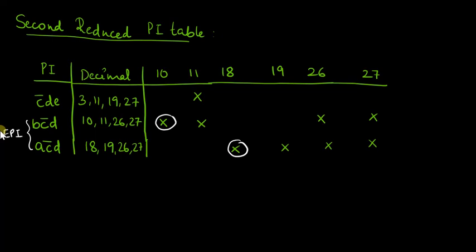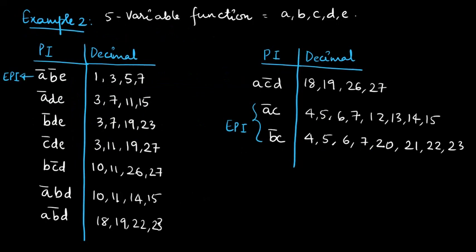Similarly, we have A C bar D. So these two will form the essential prime implicants, and clearly we have seen in the previous table itself that C bar DE was eliminated. But since it was not marked as a dominant prime implicant, we try to keep it and move it further to the second reduced table.